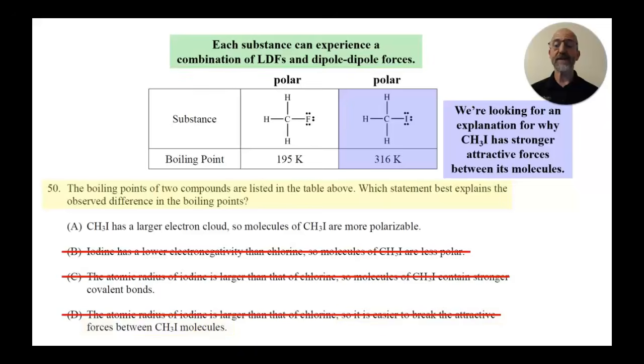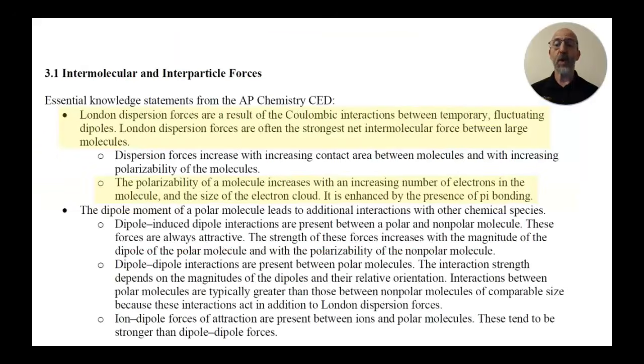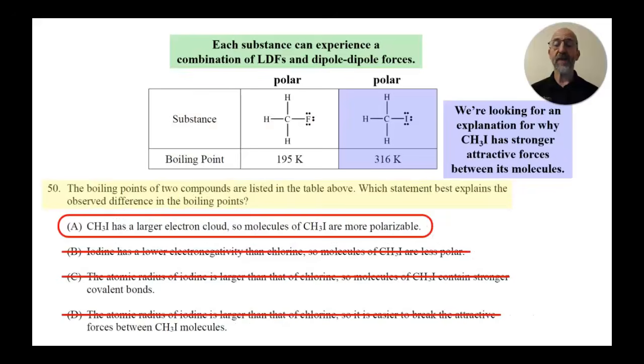So why is the correct answer to question 50 choice A? It goes back to London dispersion forces. With London dispersion forces, the polarizability of a molecule increases with an increasing number of electrons and the size of the electron cloud. We're comparing fluorine with iodine.